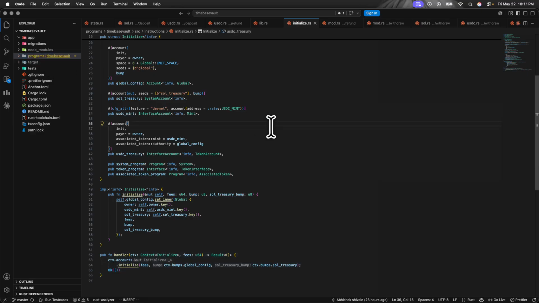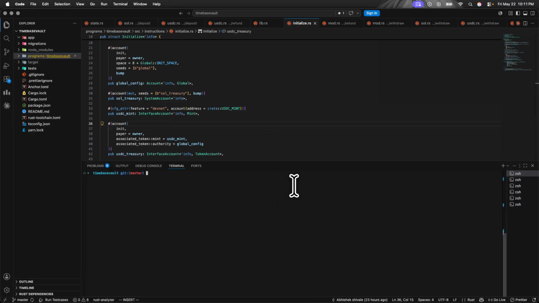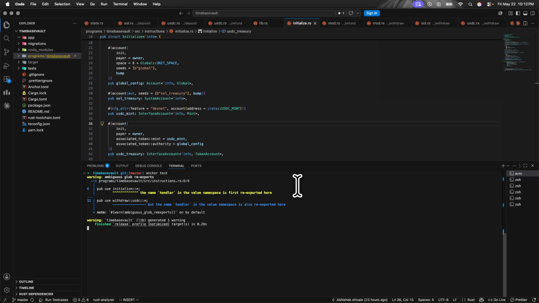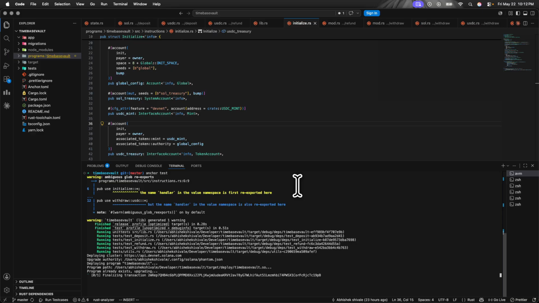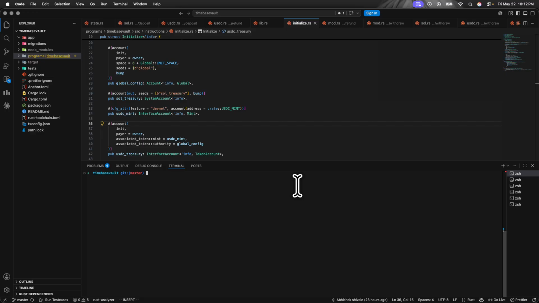Okay, I'll just run the test. It's already deployed on the... okay, it might not be a good idea. I'll do this, cargo test.